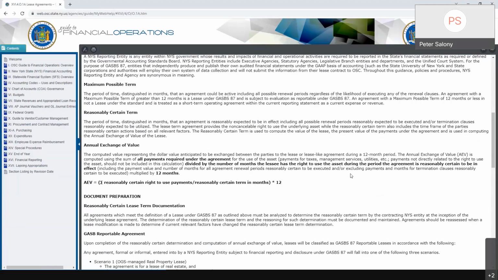So when we say 100,000 AEV, 300,000 AEV, use this calculation. If we're talking about reasonably certain, it's not what you expect to pay that current year. It's what you're reasonably certain to include in the lease liability. So this is where that materiality threshold comes in of AEV over 100,000 for periods 2/1/21 and going forward.